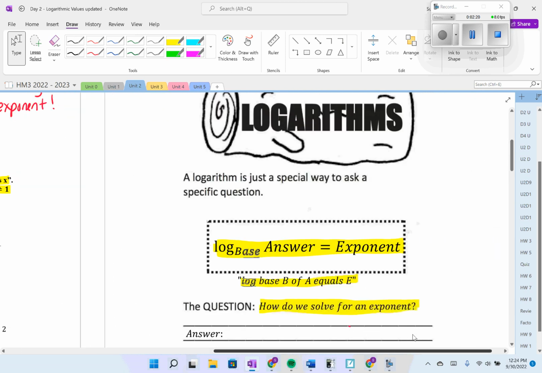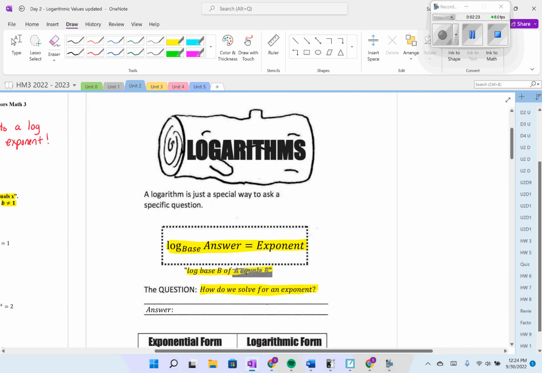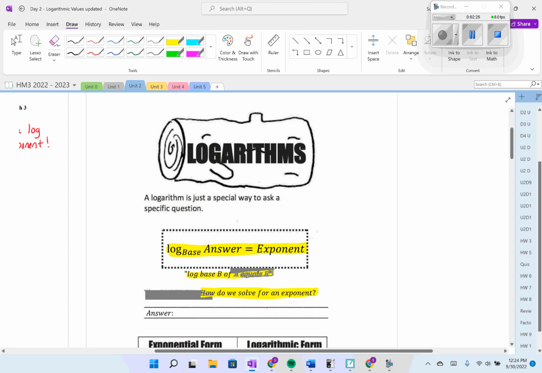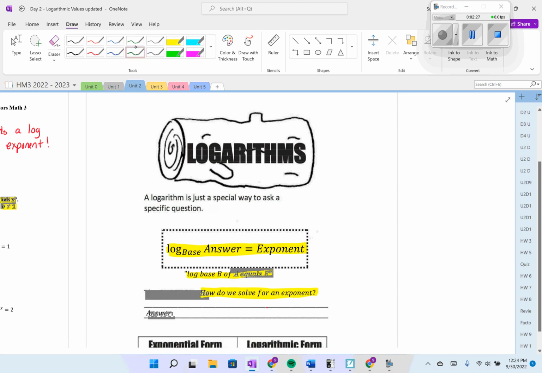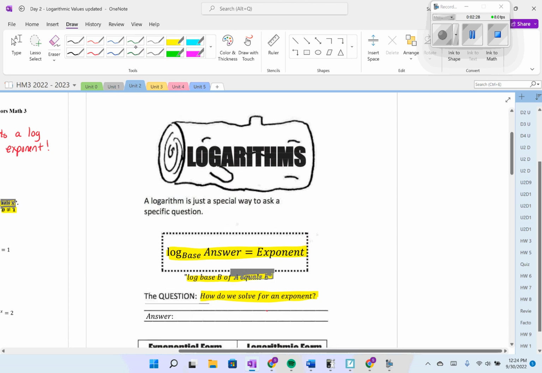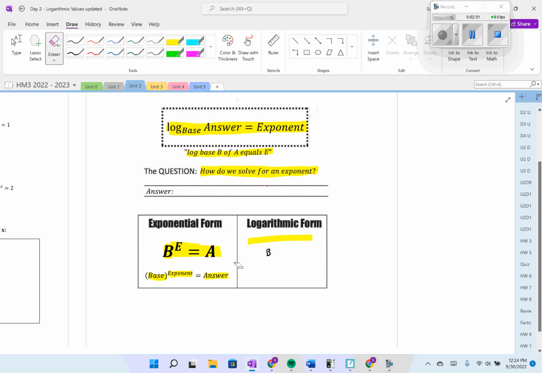Let's go ahead to our graphic organizer and fill out some of this. Going down here to the bottom, we have the exponential form.